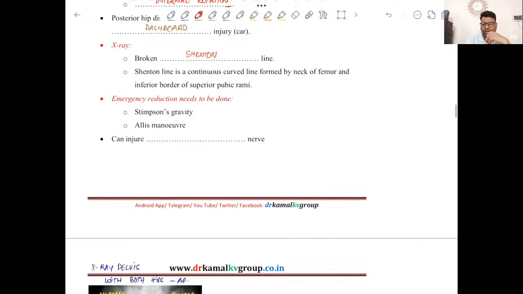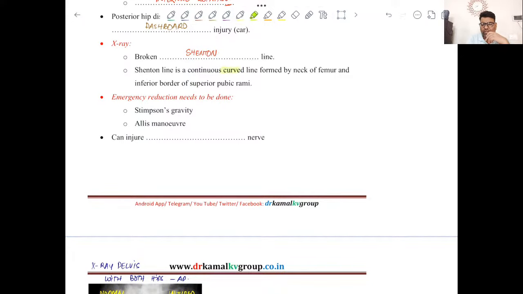This is again a continuous curved line, okay? And this is formed by the medial part of the neck of femur and the inferior border of the superior pubic rami, right? So this word is very important here: superior pubic rami, inferior border. So don't take it for the superior border of the inferior pubic rami or the inferior border of the inferior pubic rami. Just make sure that these words are quite clear to you, right?